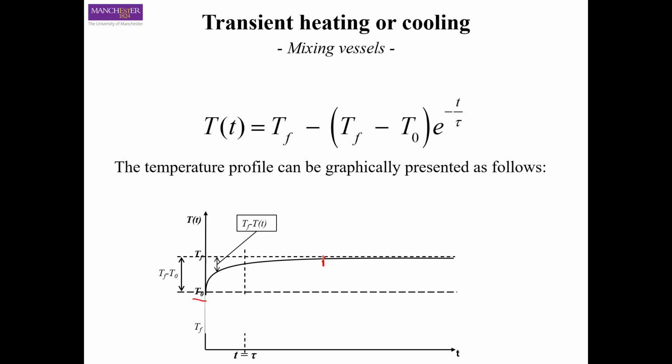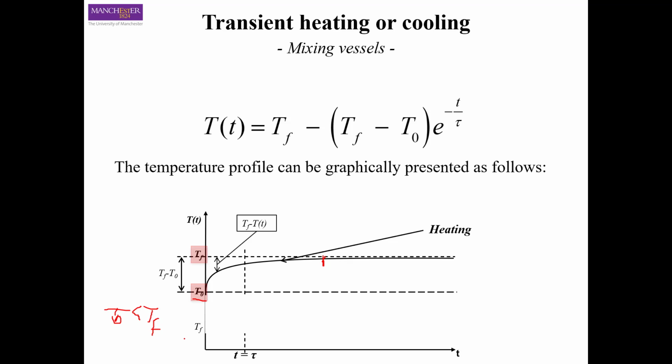Okay. So we can apply this analysis also for cooling, and graphically just to show you how it will work. For the cooling, we can say that T node will be lower than Tf. Okay, so that will be when we are doing cooling.